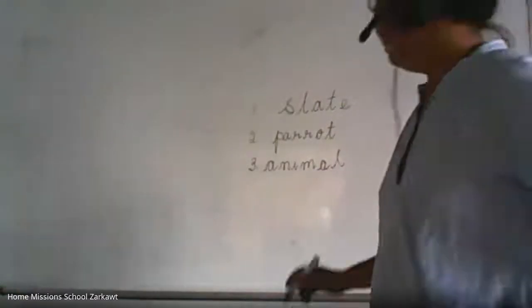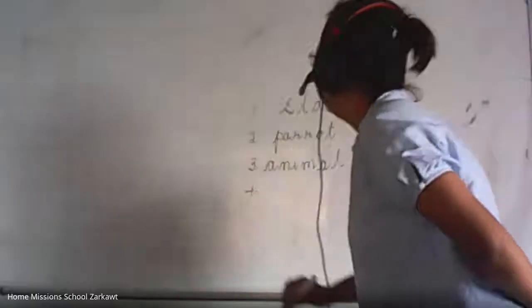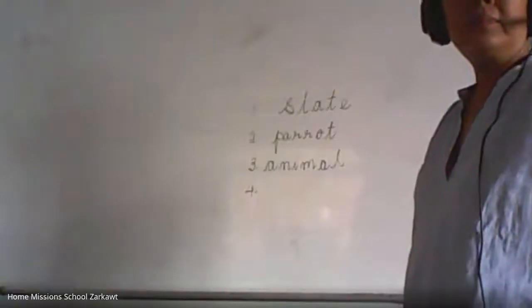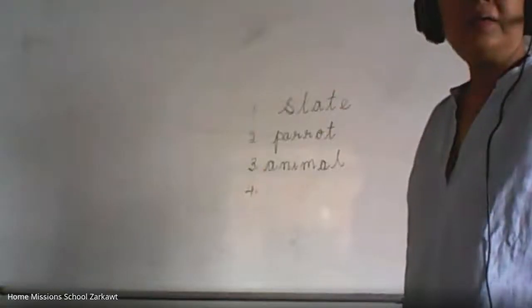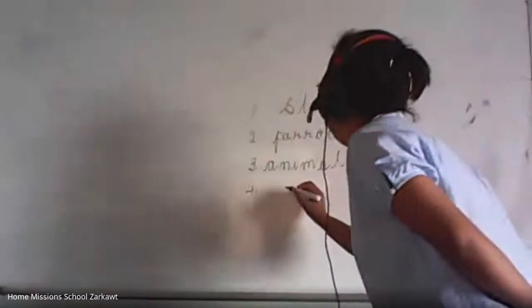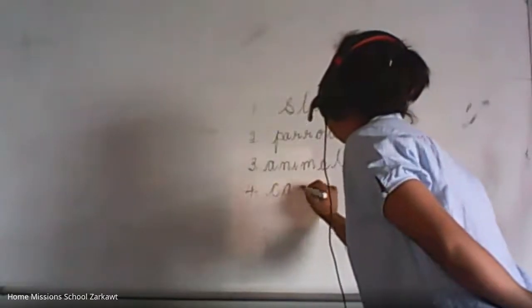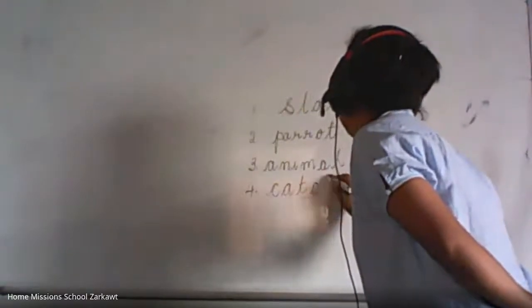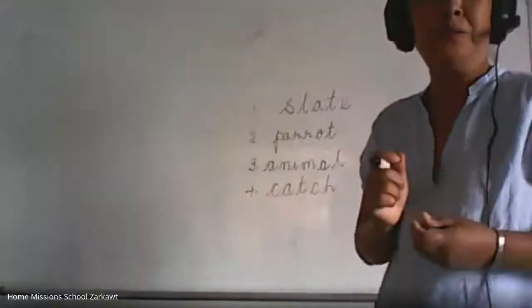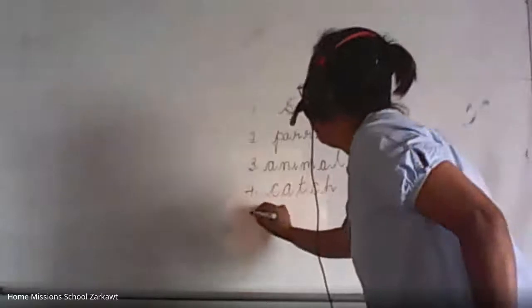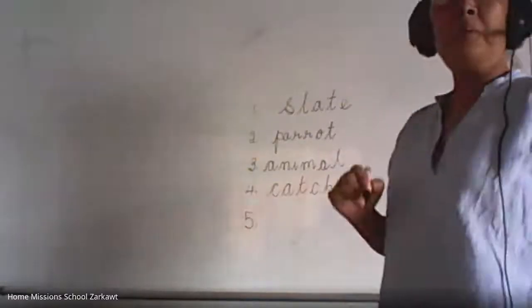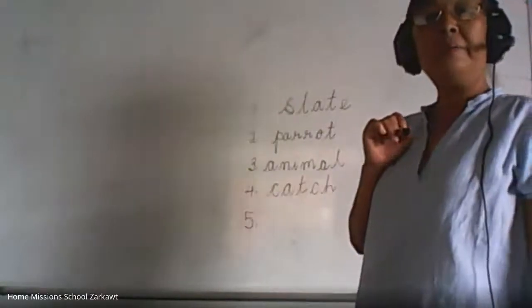And who will tell me number 4? What is number 4? Anyone can tell me? Yes, very good. Tell me the spelling. C-A-T-C-H. Catch. I'm going to catch you. Okay. Then the last one. If you get all correct, what remarks do the teachers give you?